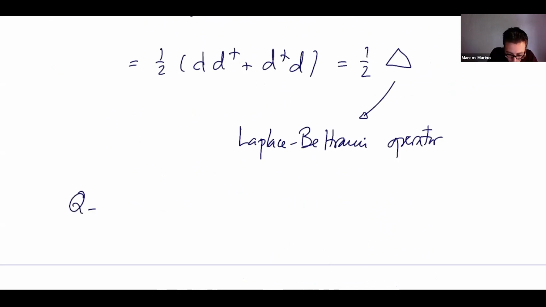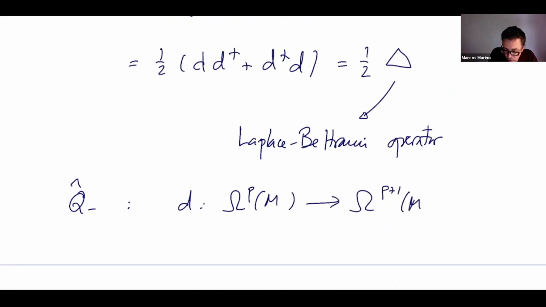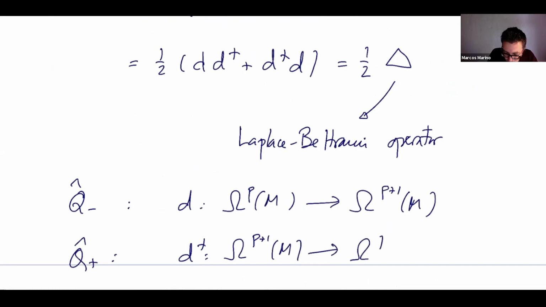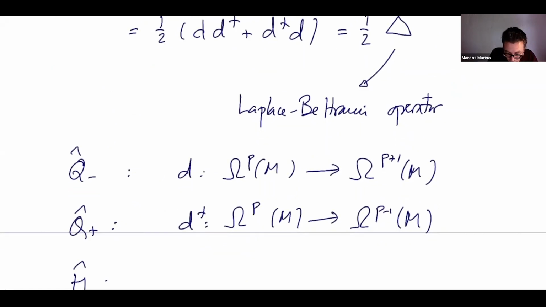So Q minus becomes the de Rham differential acting on forms. Q plus is its adjoint, which is d dagger, going from omega P to omega P minus 1. And the Hamiltonian, all this, of course, up to prefactors, is the Laplacian acting on p-forms.